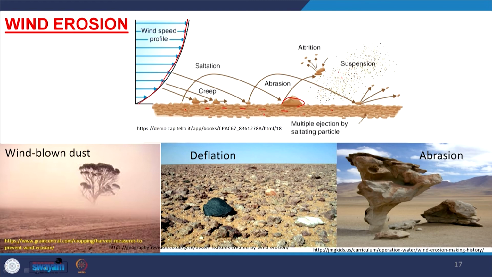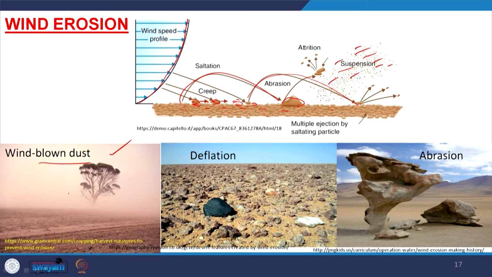The smaller particles, silt and clay, move in suspension mode, sand moves in saltation mode, and some particles larger than sand, mostly the coarser part, move very slightly, and this is creep mode or rolling mode. So, this product is wind-blown dust, very fine particles. If you see this picture, it is very hazy.